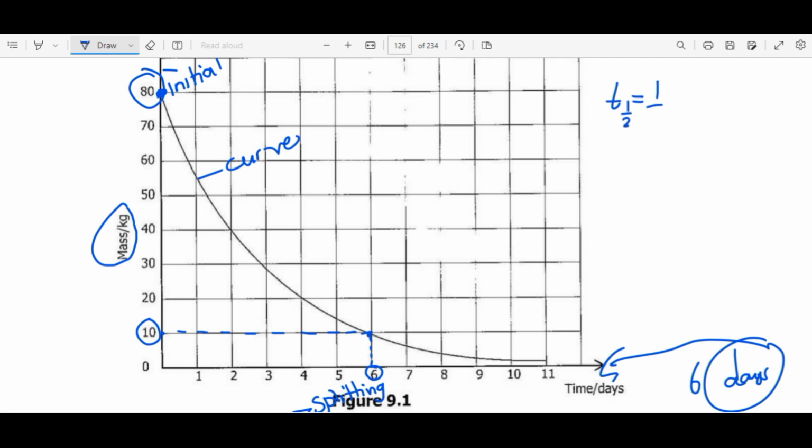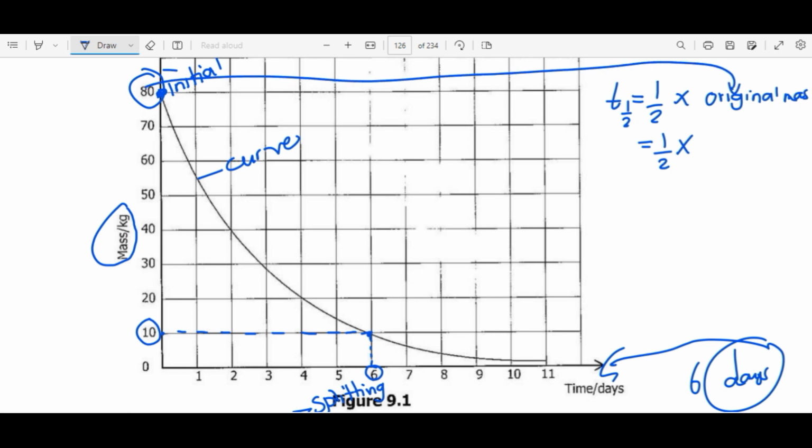So it's 1 half multiplied by the original mass from the y-axis, which is 80. So half of 80 is 40 kilograms.